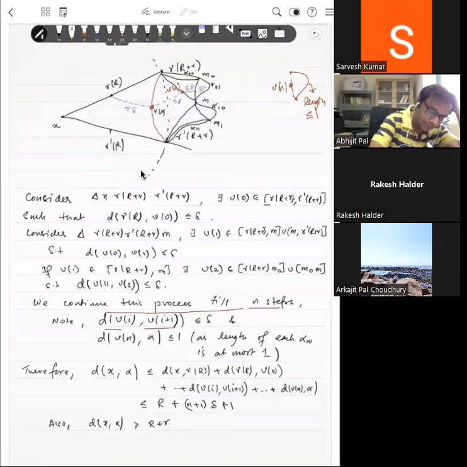So naturally, because the length of this subsegment is at most 1, the distance of Bn to alpha will also be at most 1.